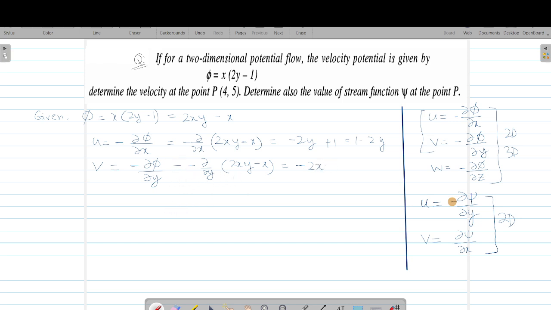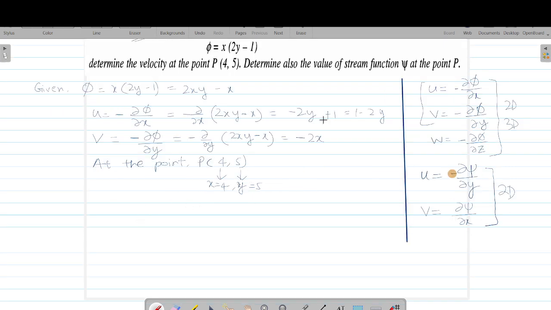Now that we have already got the values of u and v, we can proceed to the point. The point is given as (4, 5). It means 4 is the value of x, and 5 is the value of y. So you can put the values in, as you have already figured out that u is 1 minus 2y.